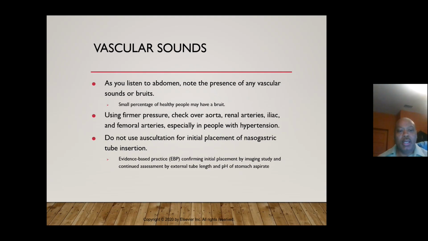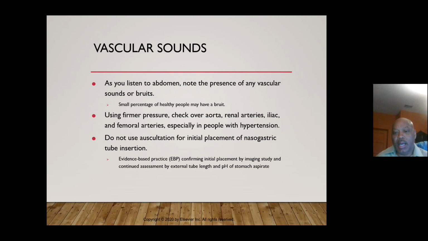Let's see. Now, usually there is no vascular sound that is present. However, about 40 to 20% of healthy people, usually not older than 40 years of age, may have a normal bruit originating from the celiac artery. And so if we auscultate such a sound, we have to note its location, its pitch, and timing of the vascular sound.